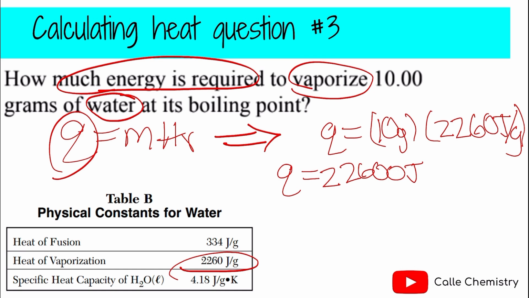But once again, what if the question asks me to calculate the heat but in kilojoules, not joules? What would I do then? So what would the heat be in kilojoules? Well, two things you can do. Either the joules, you move the decimal 3 spaces to the left, or divide it by 1,000.